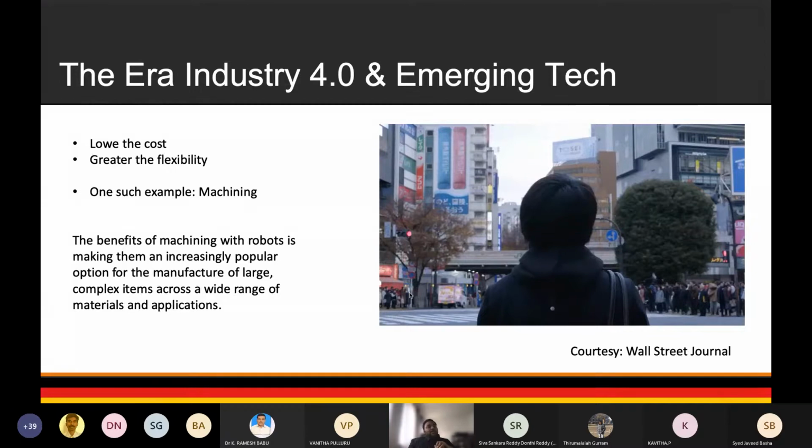I would like to showcase one more analysis from the Wall Street Journal. Here, the machining by robot is taken as a case study, and it became an increasingly popular option for manufacturing of large parts, because this kind of complex topic is in very high demand to solve.